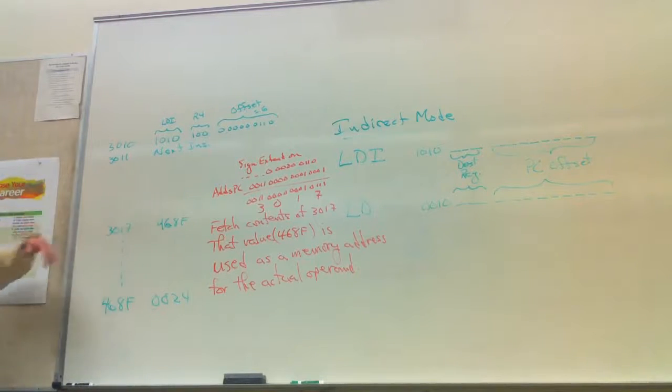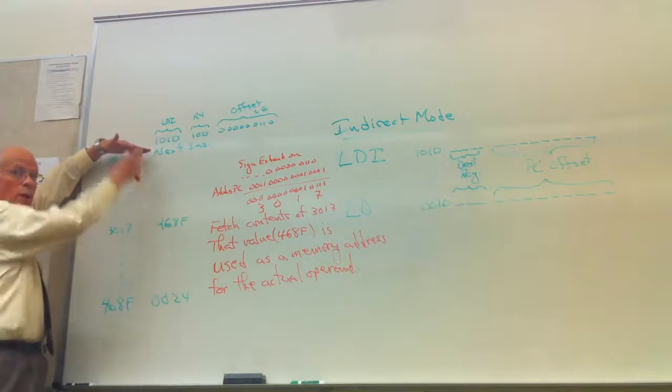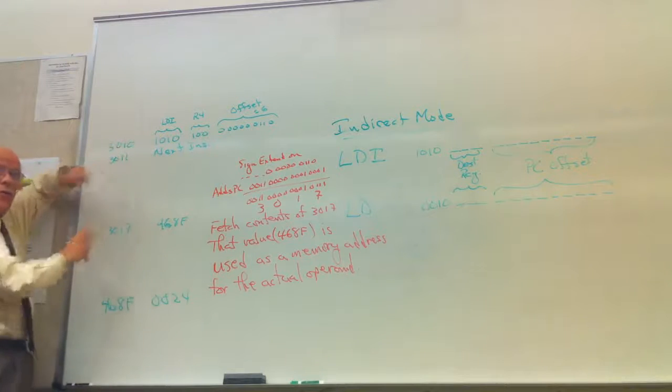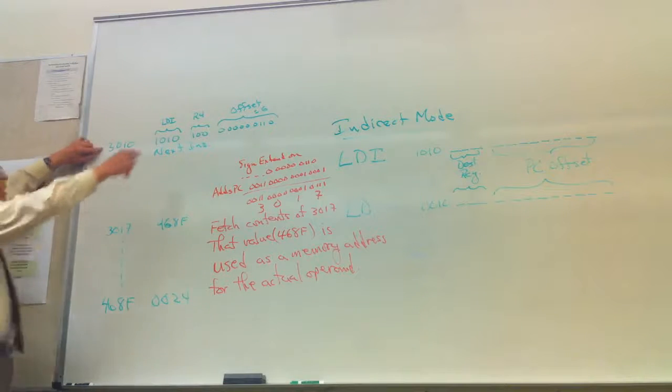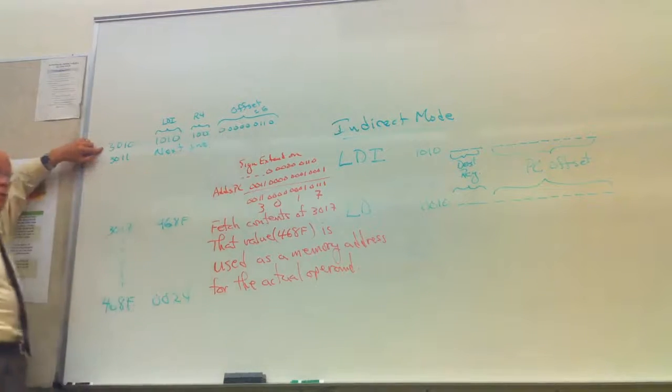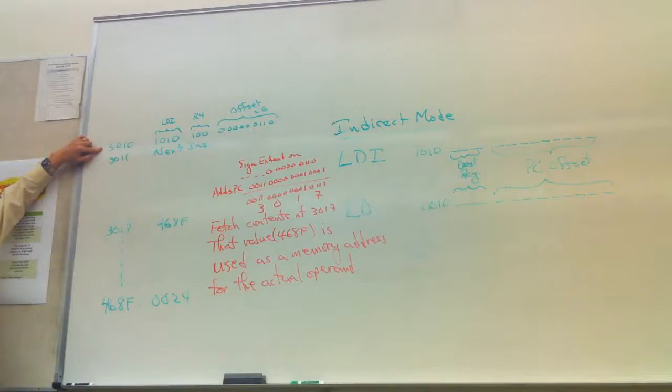So you don't go directly to your operands, you go indirectly through an intermediate step. And again, the real benefit of it is that with this offset, you can only reach so far. If you get a really long program, you've got problems at the beginning trying to get to your data, which is at the end, if you're more than you can reach in 9 bits.